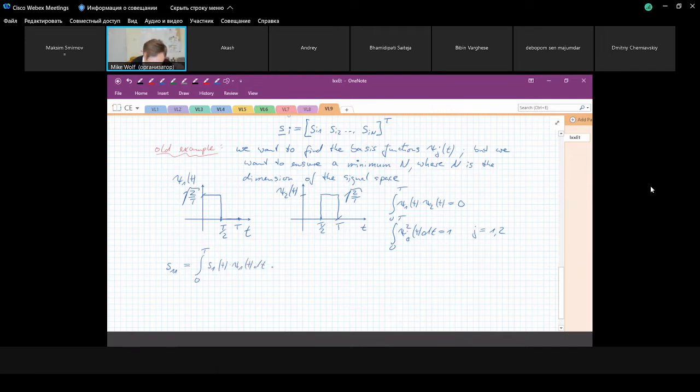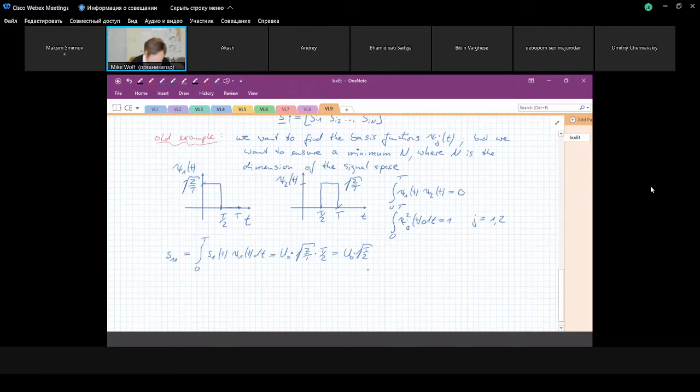What comes out is quite easy because our signal is u0, and we multiply this by square root of 2 by T, and then we integrate over time. If we multiply both, then a duration of T by 2 remains. So we multiply by T by 2, and what we get is u0 times square root of T by 2. So this is the first component of the first signal vector.